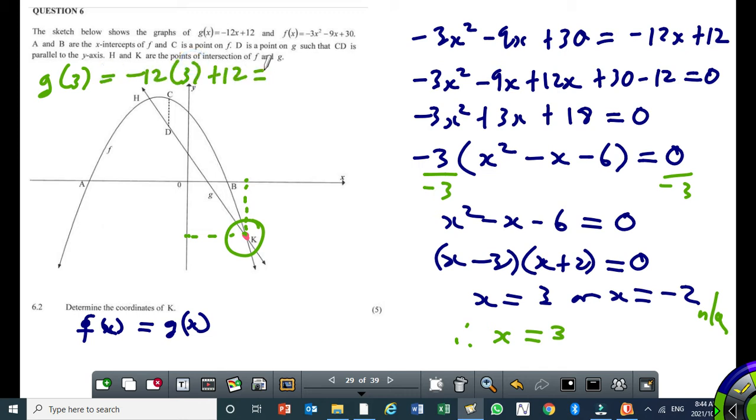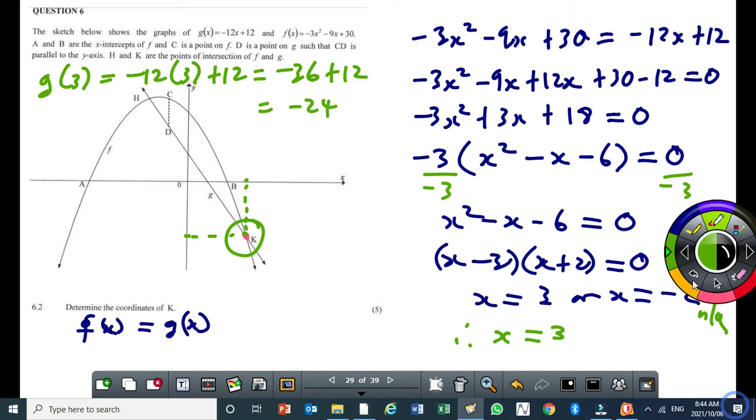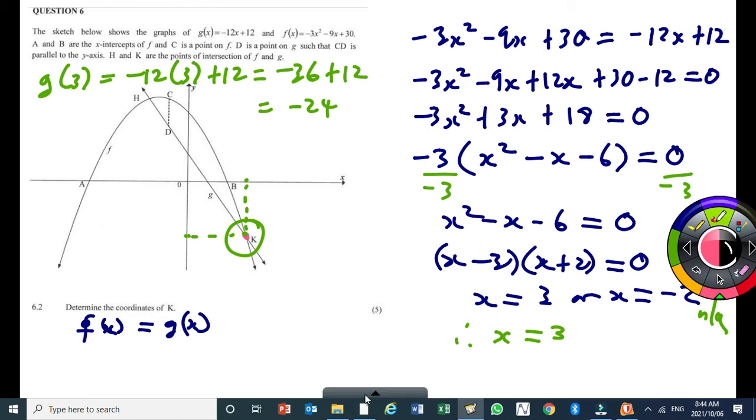This will give me minus 36 plus 12, so I'll get minus 24. Then you can write a final answer: therefore, at K, x is 3, y is negative 24. And then you're done.